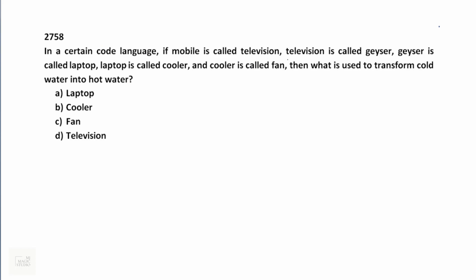In a certain code, mobile is television, television is geyser, geyser is laptop, laptop is cooler, cooler is fan. Then what is used to transform cold water into hot water? We need a geyser. And geyser in this language is known as laptop. We'll mark A, that is laptop.